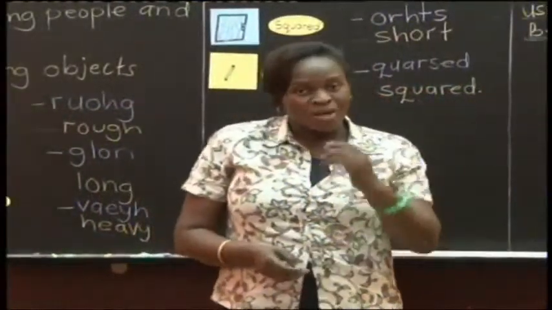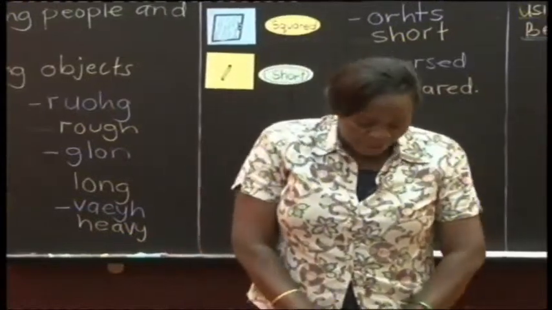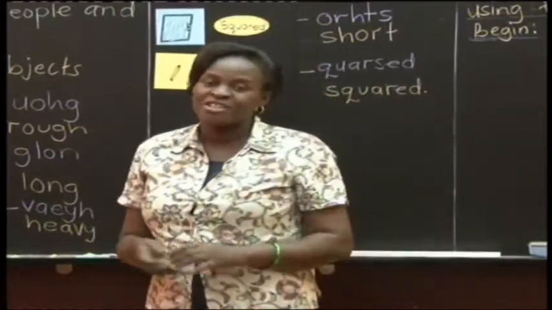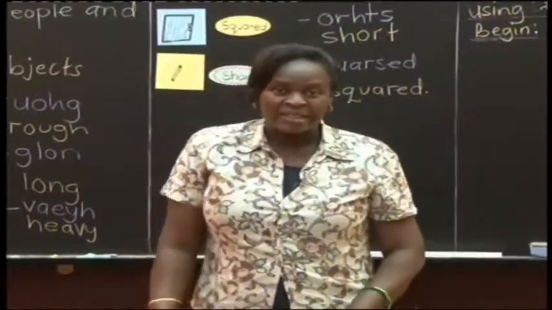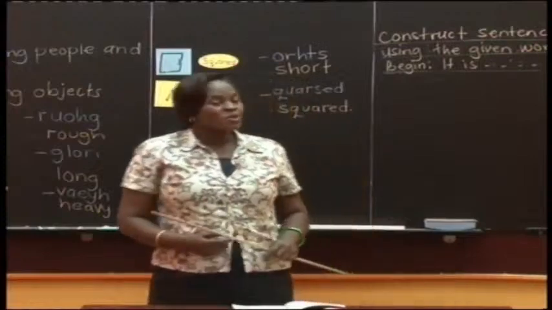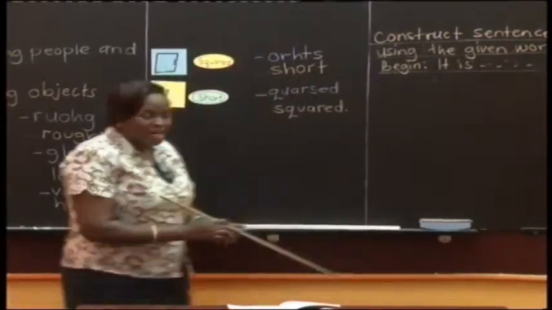Good children, welcome back from that short break. I'm Teacher Lydian once again. Before you went for that short break, we were looking at our adjective words which we use to describe objects. And if we have those words to describe objects, we are supposed to begin constructing our sentences using which words?